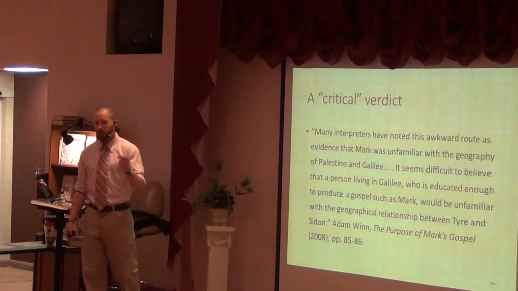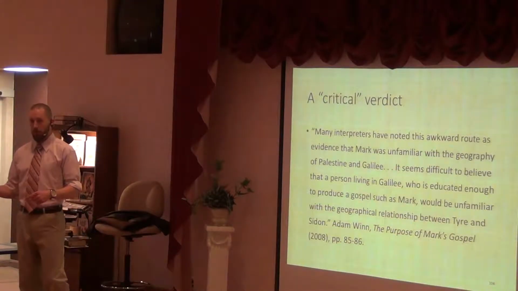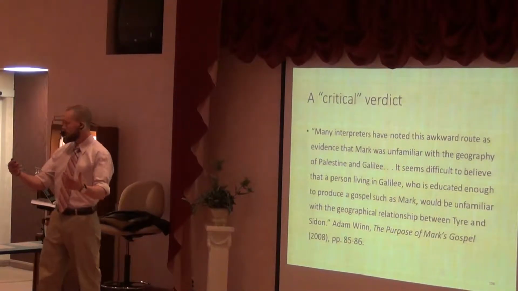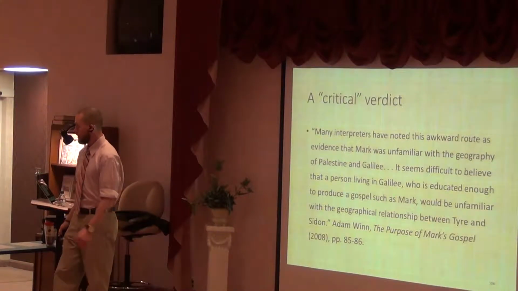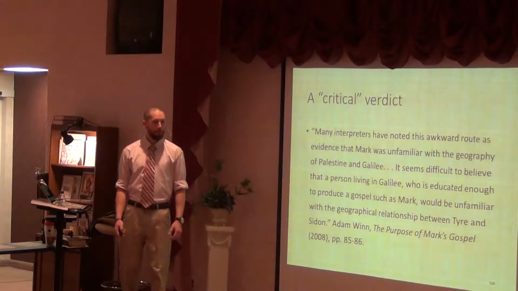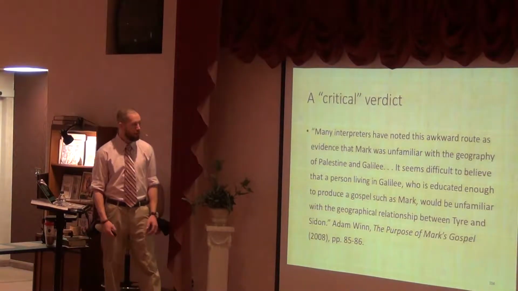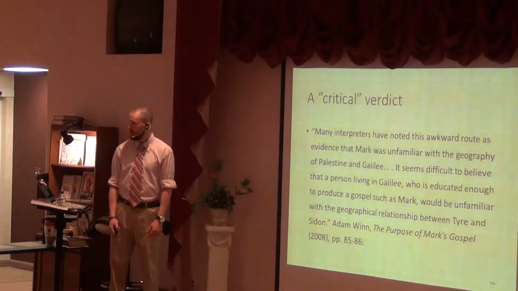Now, it's important for him to be familiar with it because he claims to be what? Either an eyewitness himself, or at least talking to the eyewitness, and we know from Mark that it's Peter, or at least that's what we think. So if he's saying, hey, I got my message from eyewitnesses, well, your sources are bad if they don't even understand basic geography.